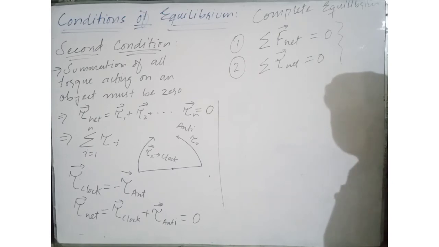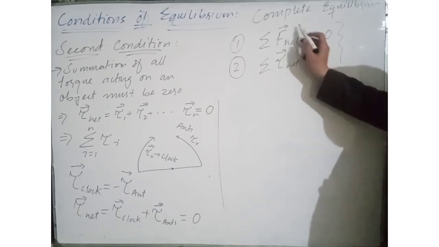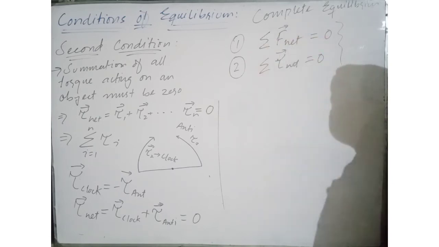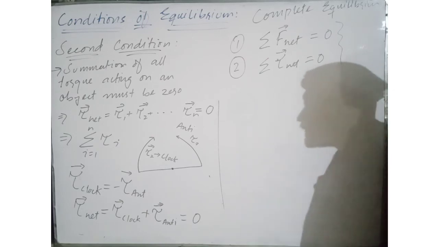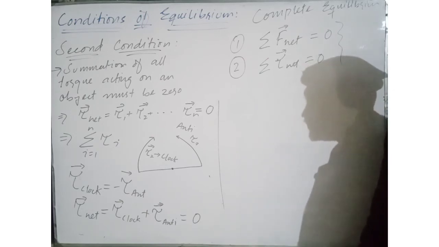Over here the summation of net forces means that the summation of forces along the x-axis, y-axis, and z-axis, all the components, must give us zero, right?